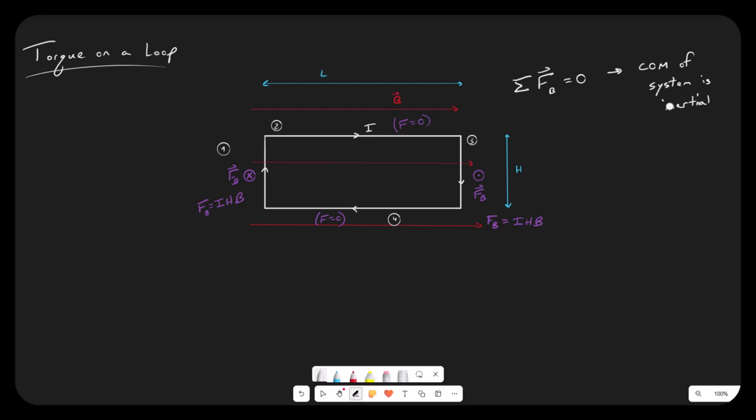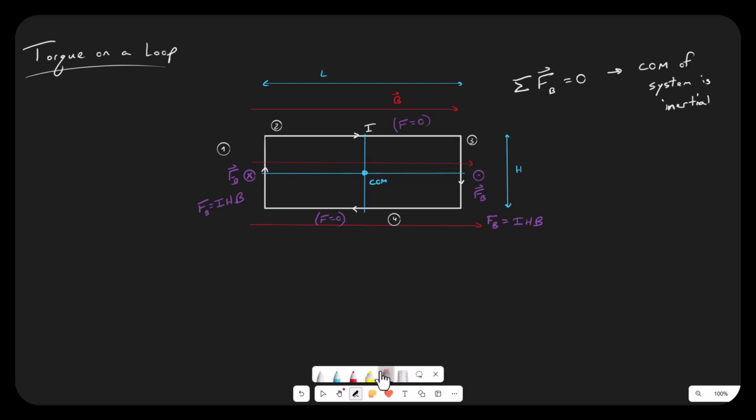If it's not moving yet, it's not going to move. If we start with this thing being stationary, then we can say the center of mass of the system is stationary. The center of mass of the system is right here. There's the center of mass. There's not actually any mass at that location, but that's okay.